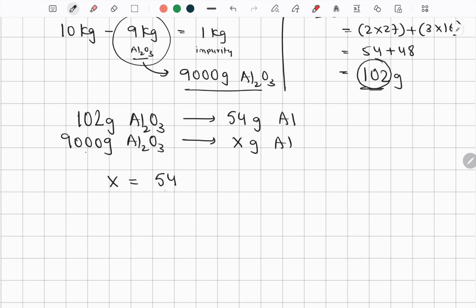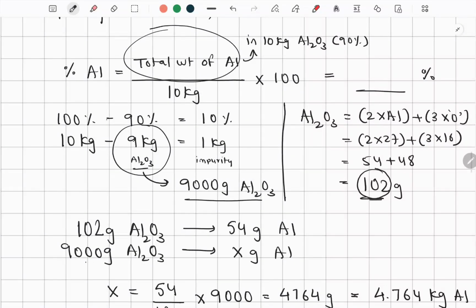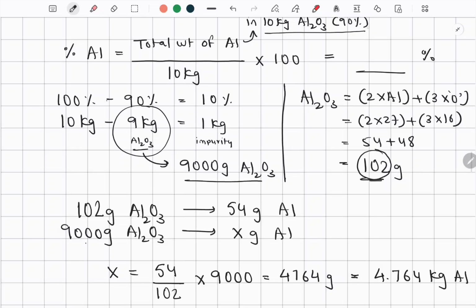When you solve this fraction, you get 4764 gram. Converting this into kg, I get 4.764 kilogram of aluminium, and this is the answer for my numerator. So the total weight of aluminium in 10 kg of Al2O3 is 4.764 kg.